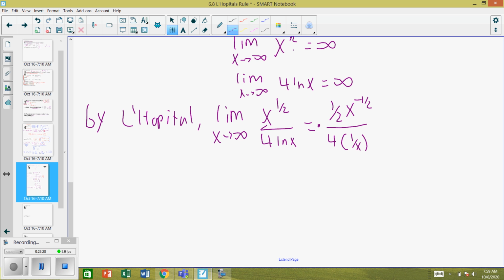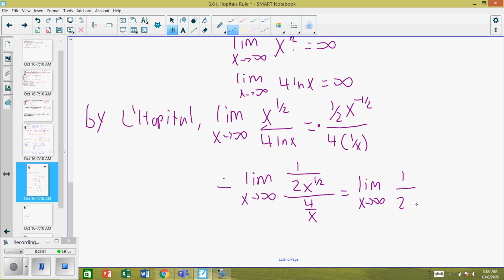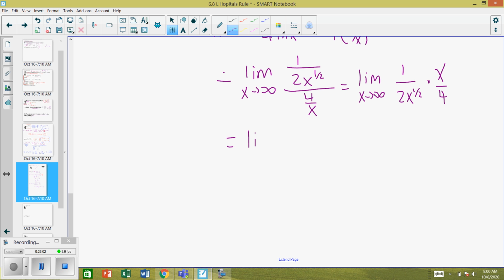So what this simplifies to is the limit as x approaches infinity. On top, I'm going to say 1/2x to the 1/2 power, and on bottom, I'm going to say 4/x. And then again, we can do same change flip here. I'm trying to write it a little bit neater than above. So that's 1/2x to the 1/2 times x over 4, which ends up equaling the limit as x approaches infinity.